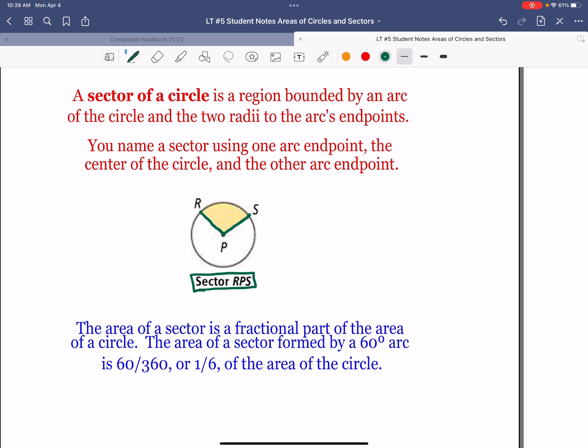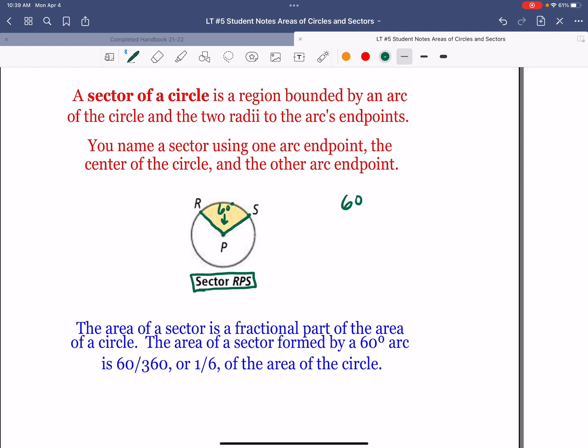And what we're going to be able to do here is find the area of this sector. What you notice is this area is just a fraction of the entire circle's area. So we're going to find that fraction by taking the central angle, whatever that angle is, out of 360. So let's say that central angle is 60 degrees.